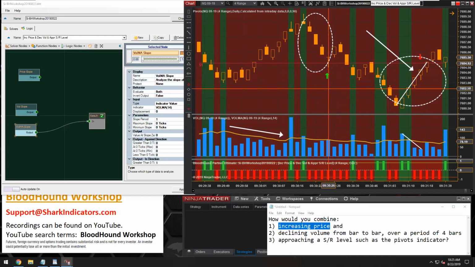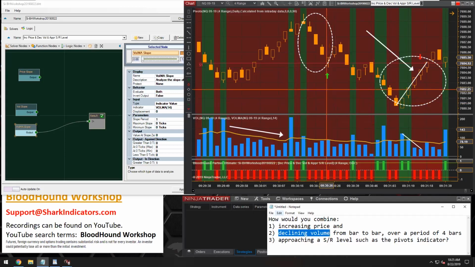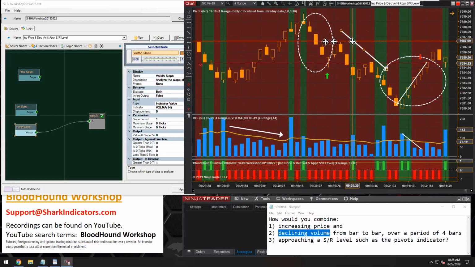right? And the point I'm trying to emphasize is that the volume is going to be declining or decreasing regardless of whether price is going down or price is going up towards your support resistance line. But volume is always going to be decreasing, typically.